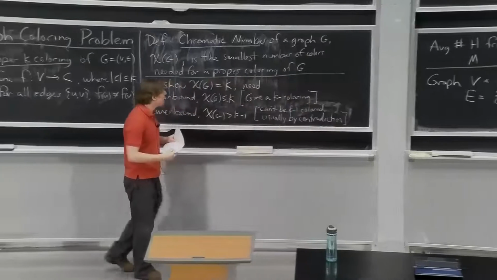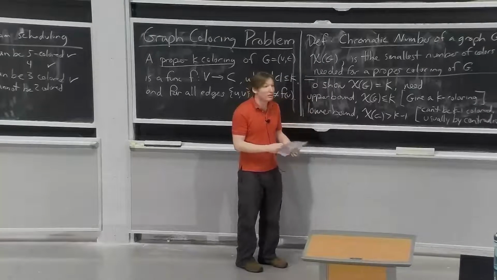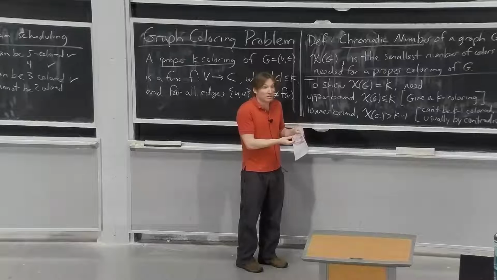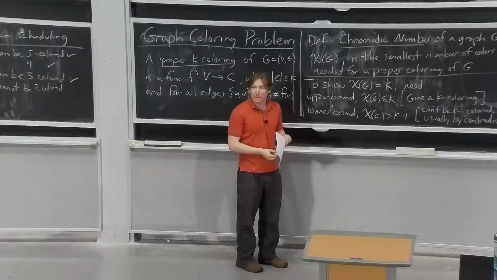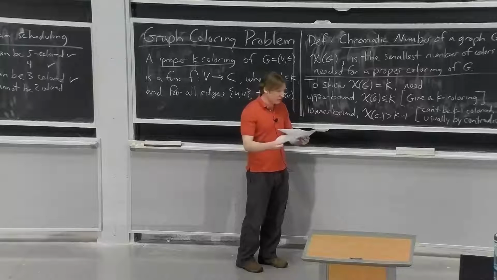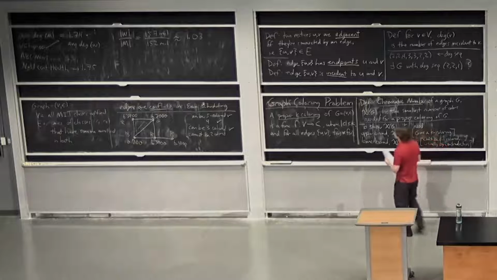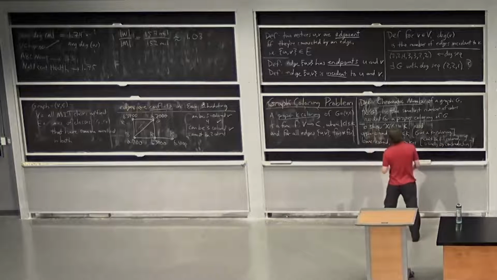So I just wanted to emphasize that the definition of chromatic number as the smallest thing that works, there are two parts to that. It works, and nothing smaller works. Make sense? Cool. All right.